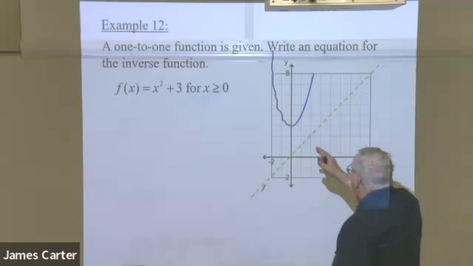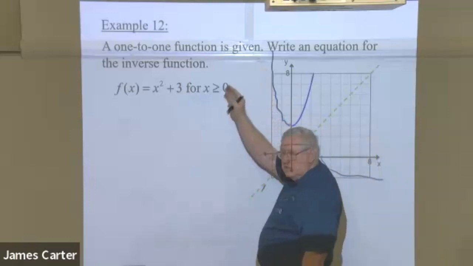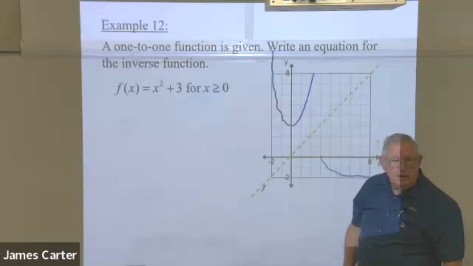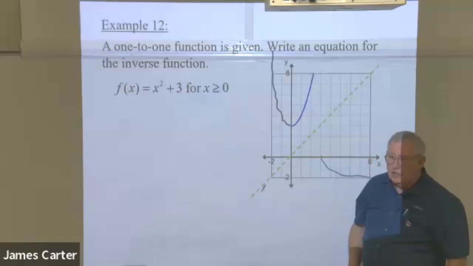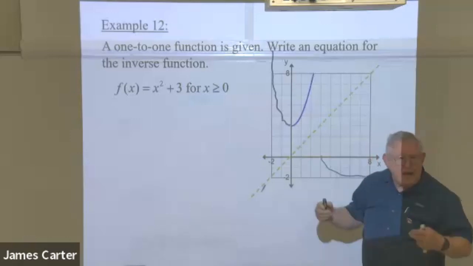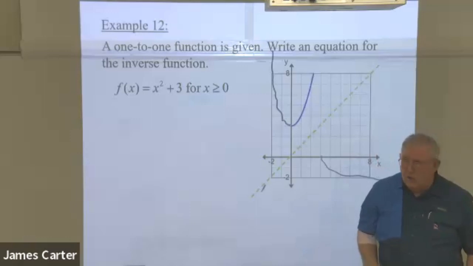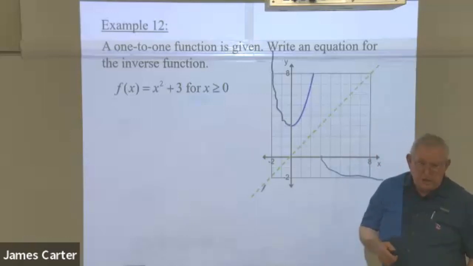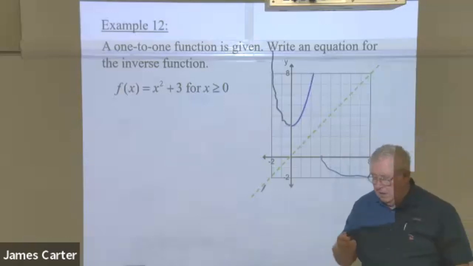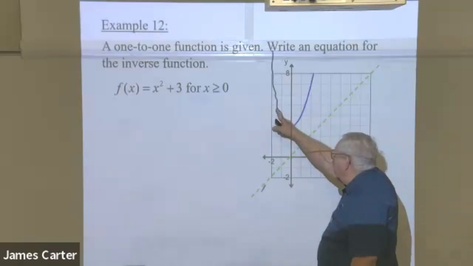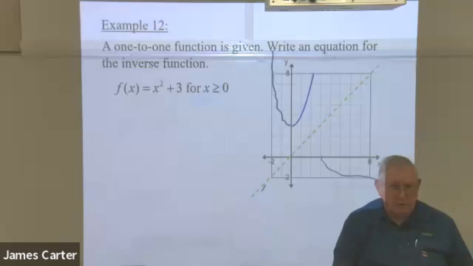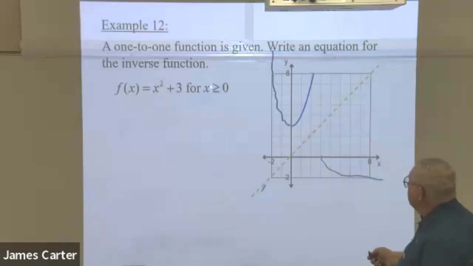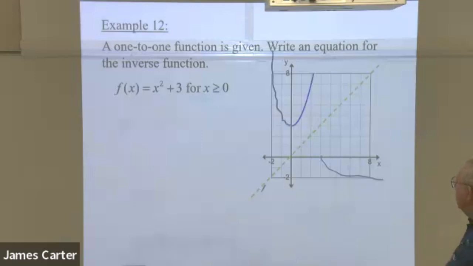But by excluding all of this on this side of the axis, then the horizontal line test works. So I have a chance of it being 1-to-1. Okay? A chance, not a guarantee. But if that's there, I've got a guarantee it's not. So anyway, that's why they put that disclaimer or that restriction on it?